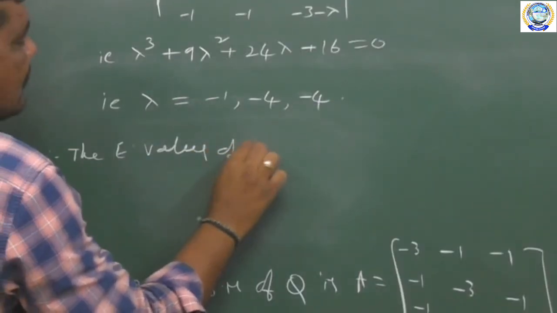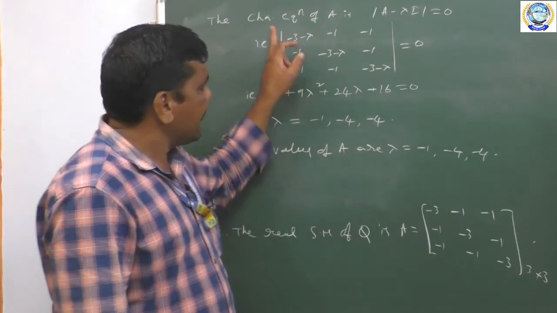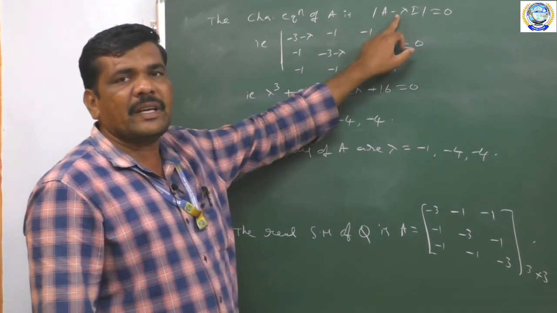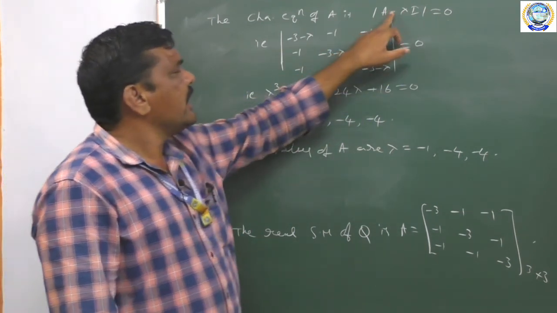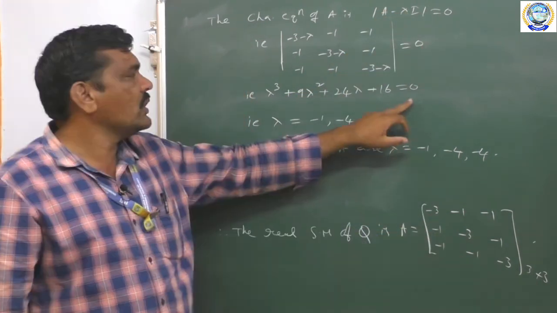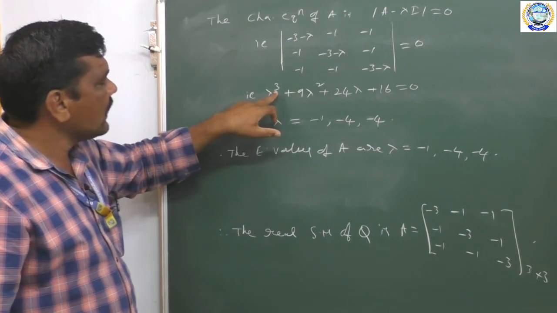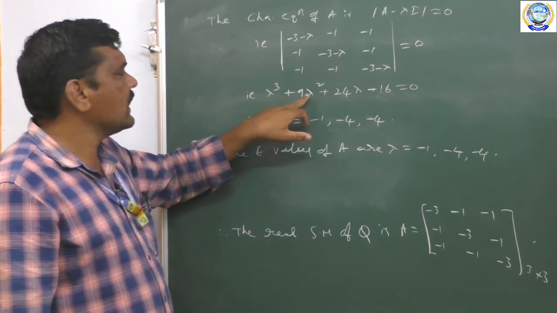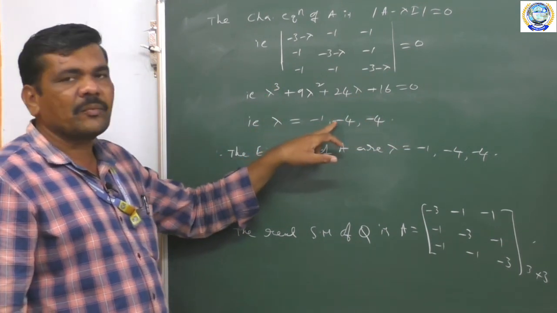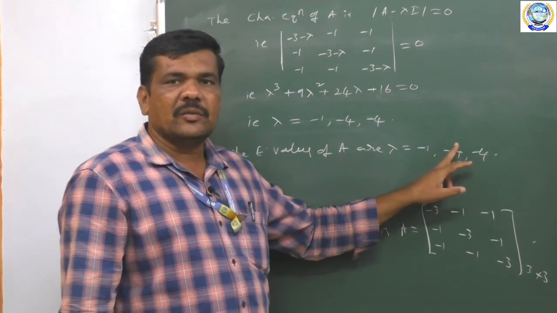Therefore, the eigenvalues of A are λ = -1, -4, -4.